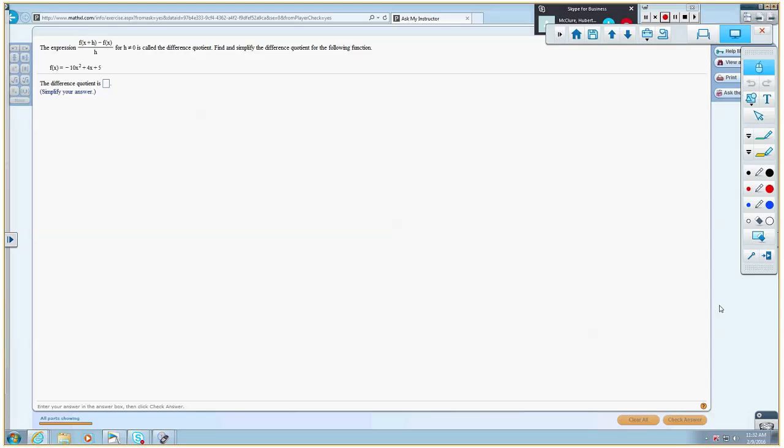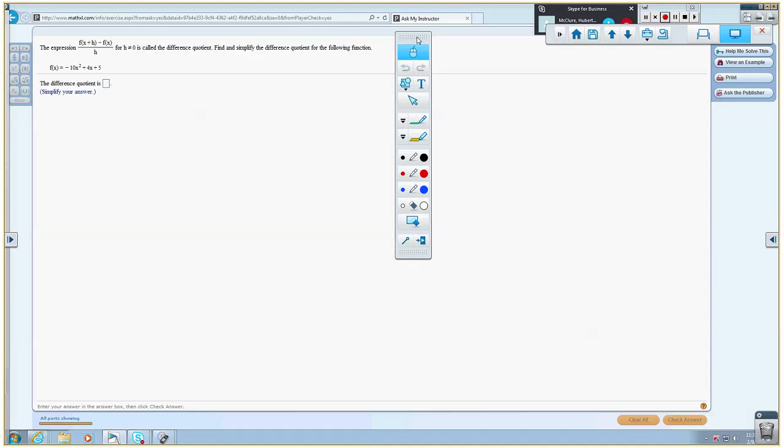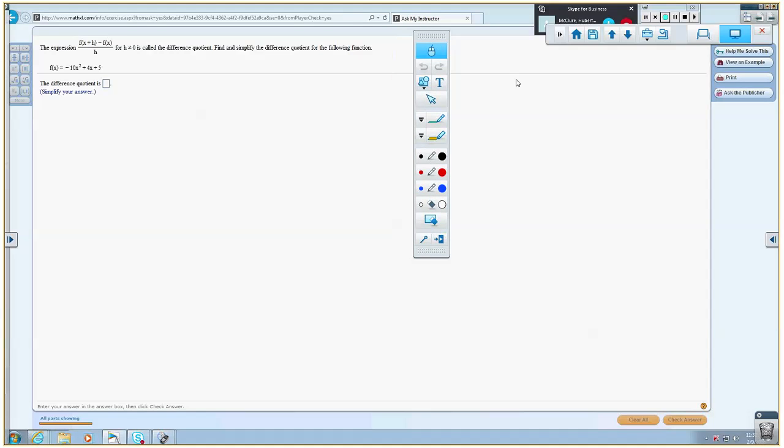Alright, there it is. Now, this is the handy dandy, what do you call it? Difference quotient. So that means you're going to have to plug and chug.